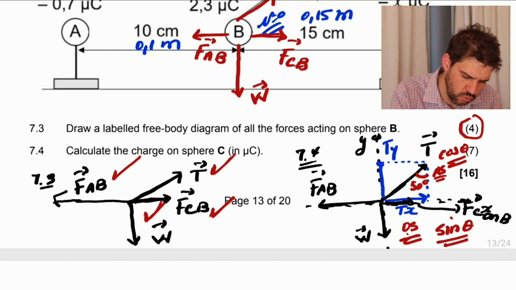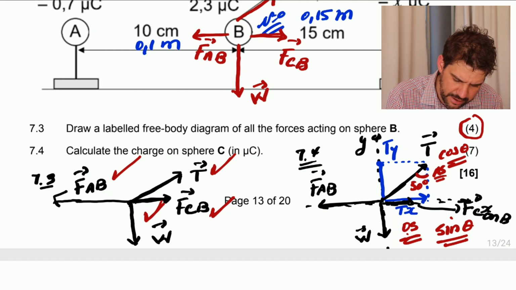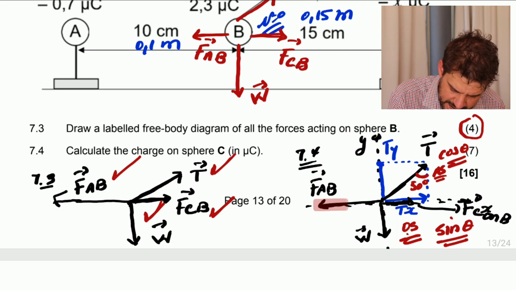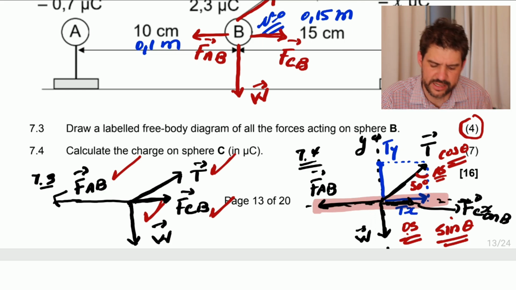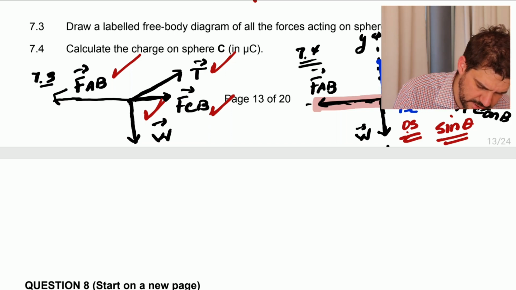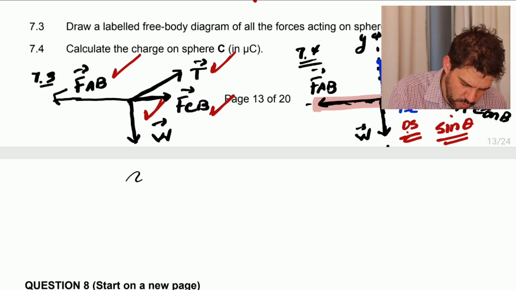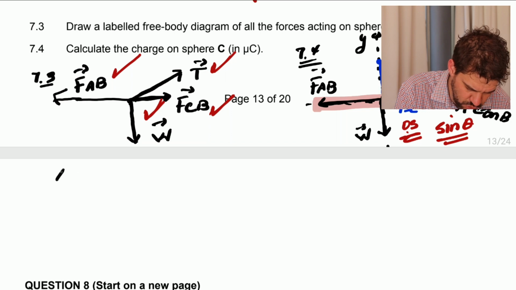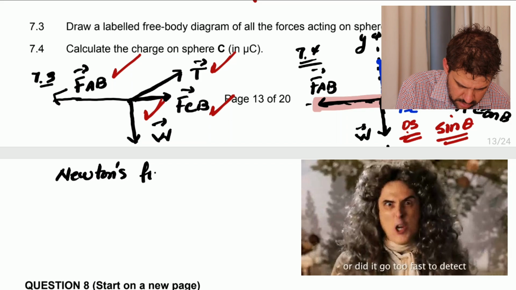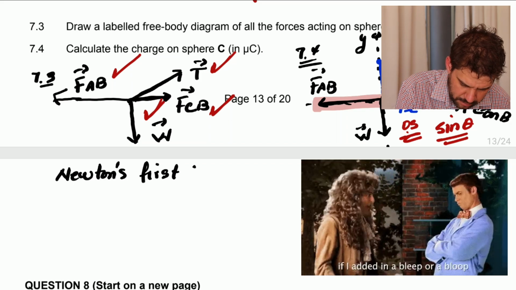Now we're going to work with the X direction, in the X axis. So this is what we're going to deal with in here. All right, this is Newton's law. I'm going to use this space here to write that part. We're going to start using Newton's first law.